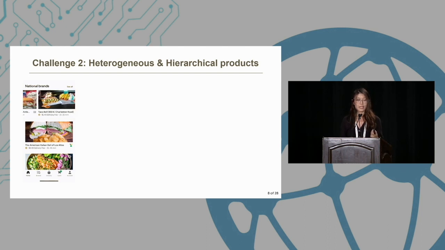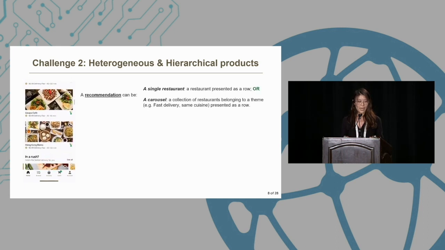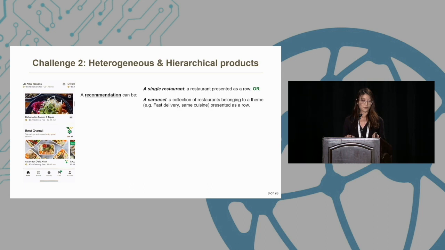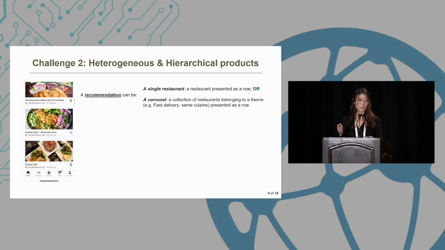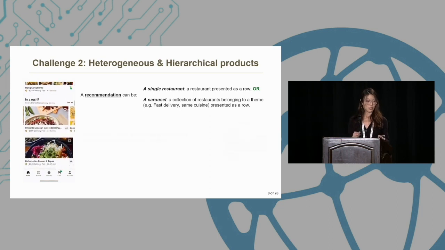And then a second challenge comes from the fact that a lot of the food delivery apps will choose to present their recommendations in a hierarchical way, in the sense that a recommendation can either be a single restaurant or a group of restaurants. So for example, on the left here shows the homepage for the Uber Eats delivery app, where we can see both rows, or we call them carousels of restaurants, that can be scrolled horizontally, as well as single restaurants or standalone restaurants that are appearing as single rows.